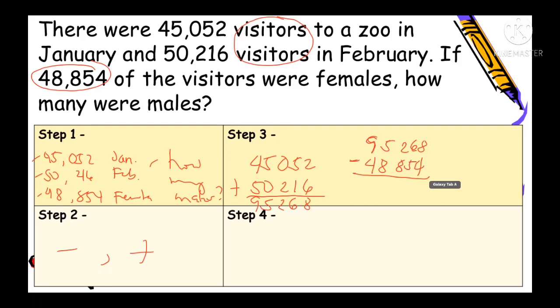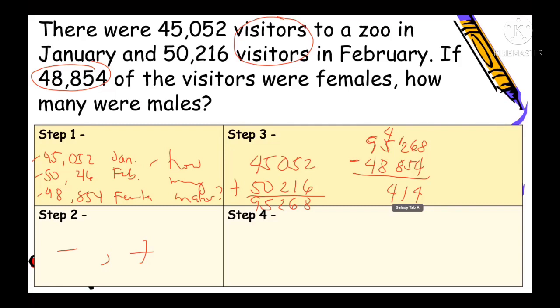Okay, so 8 minus 4. 4. 6 minus 5. 1. 2 minus 8. Yes, cannot. So we will borrow from 5. 5 will become 4. And then 2 will become 12. 12 minus 8. 4, sorry.